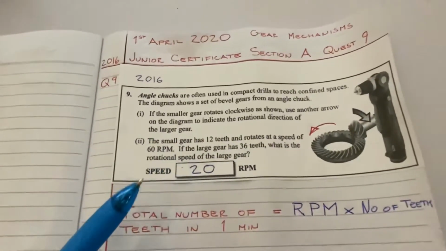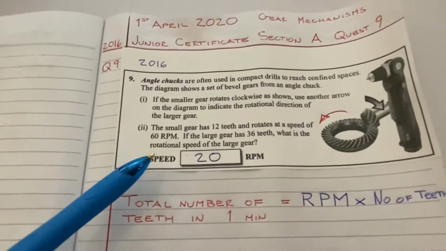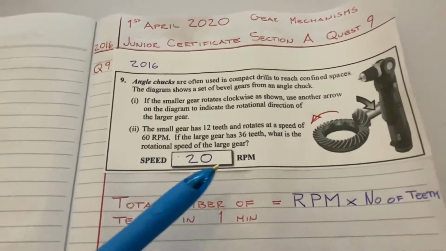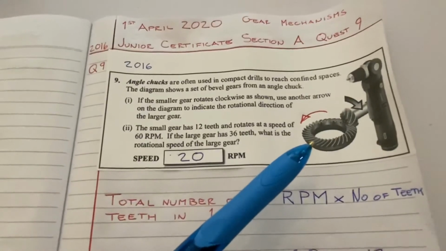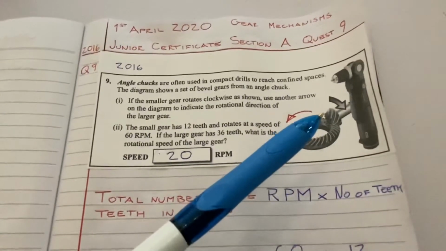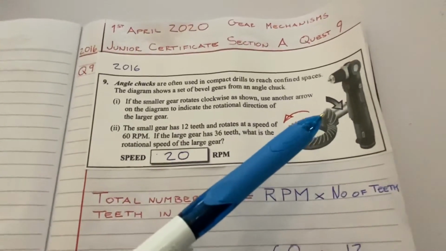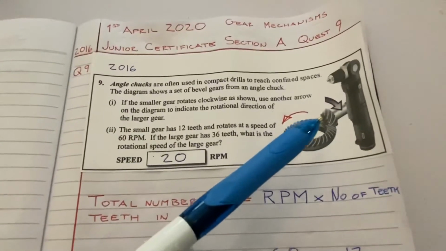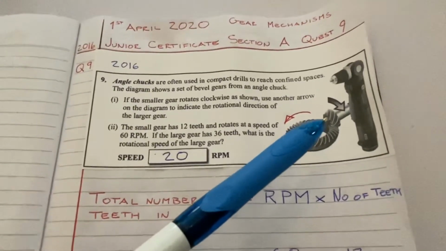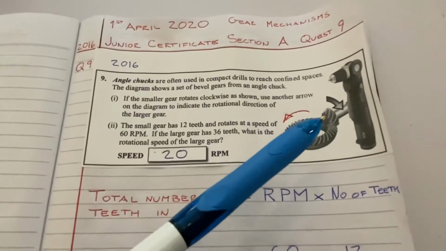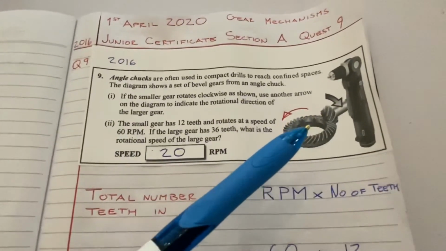Moving on to the second part of the question, we want to calculate the rotational speed of the large gear wheel. Now we're told that this gear wheel here has 12 teeth on it and it is spinning at 60 RPM. So you have to find out the number of teeth that are going to pass after a minute.